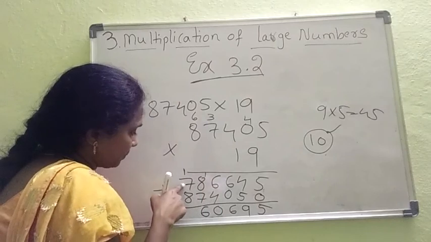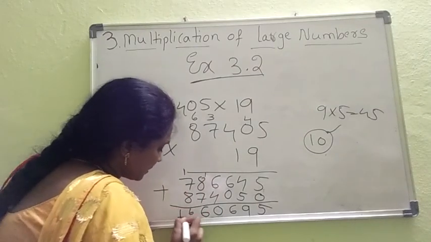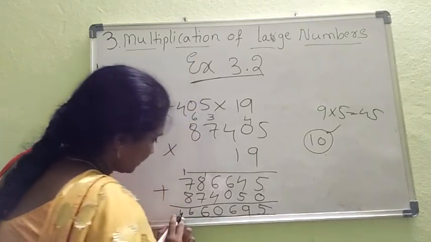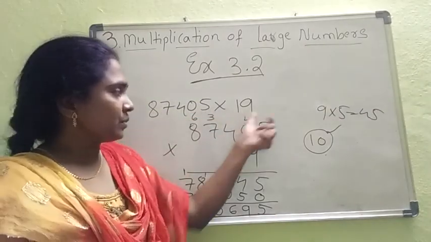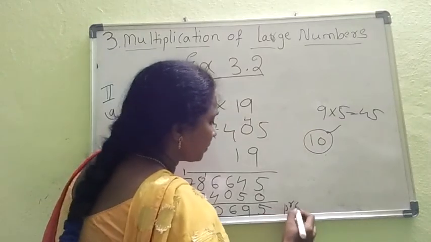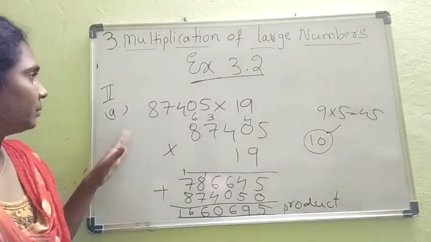Okay. 7 plus 8, 15. 15 plus 1, 16. This is the final answer. When you multiply a 5-digit number with a 2-digit number, this is the final product. That means the final answer. I hope the remaining bits you should do.